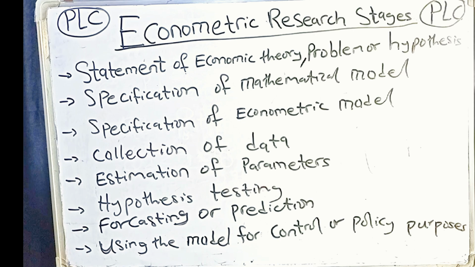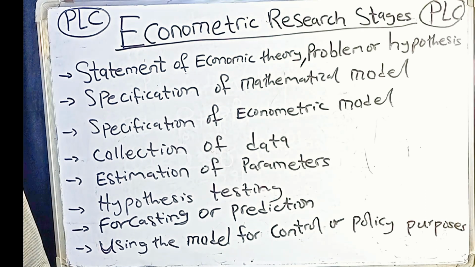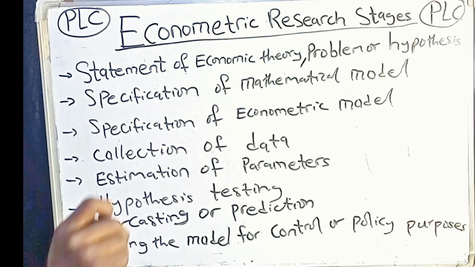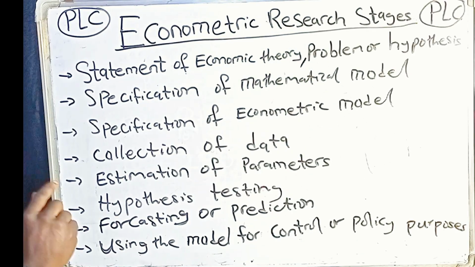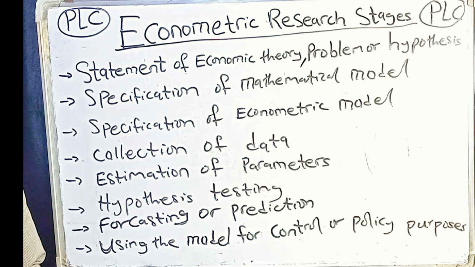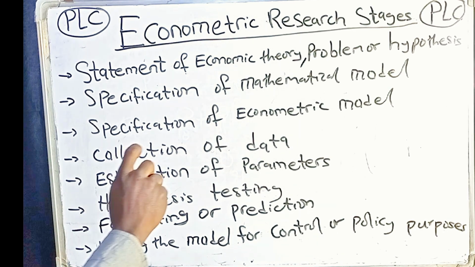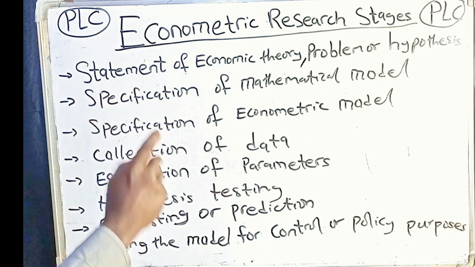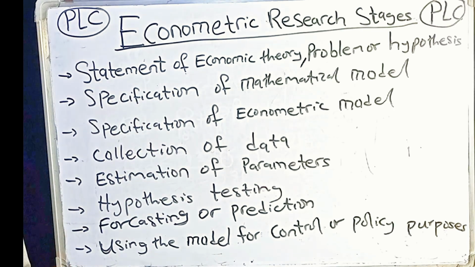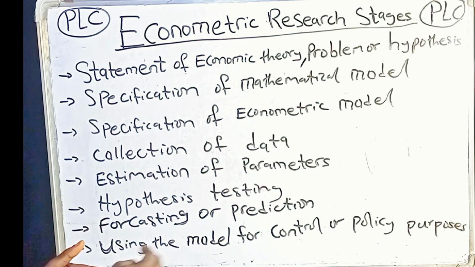We do that simply by introducing what we call a random, disturbance, or error term into the mathematical model. Noting that the econometric model is looking at a stochastic relationship, that is the unpredictable element is included in the model.